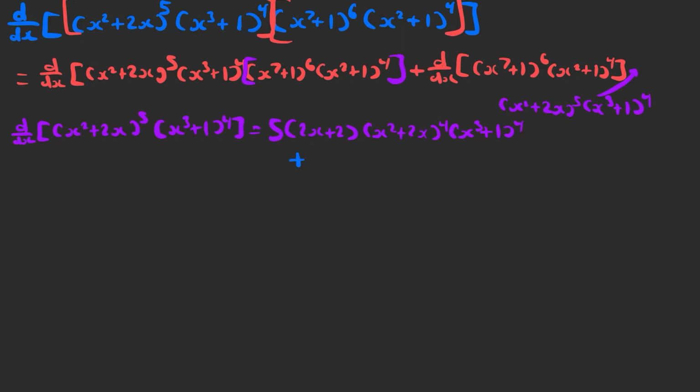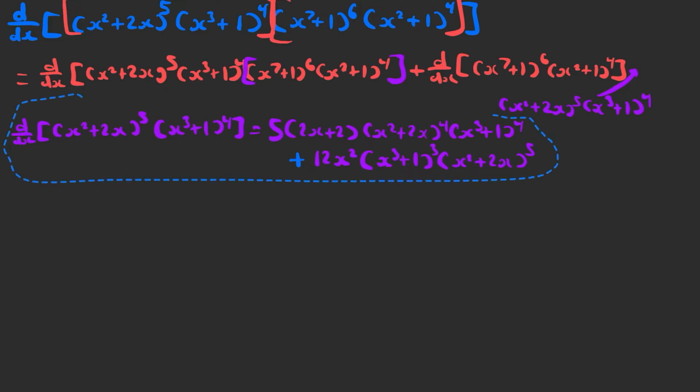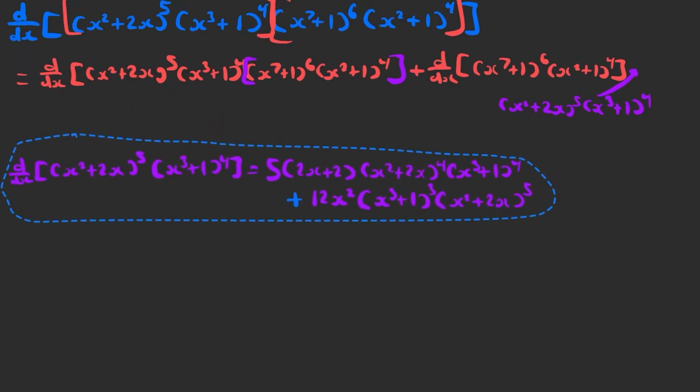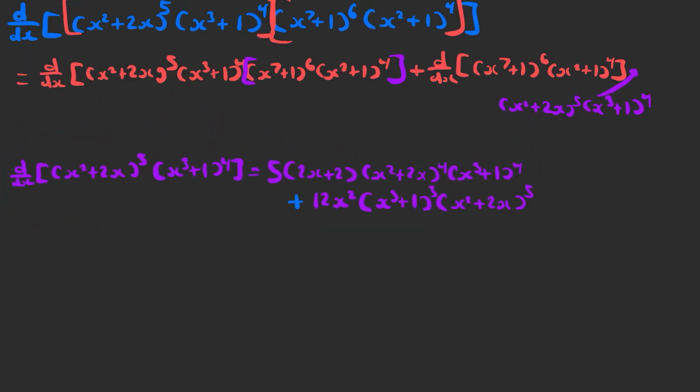So plus 12x squared times (x cubed plus 1) to the power of 3, multiplied by our other function, of course, because that's what the product rule states. So this is the derivative of this function, and now we've just used the chain rule in the product rule, similar to the previous example.